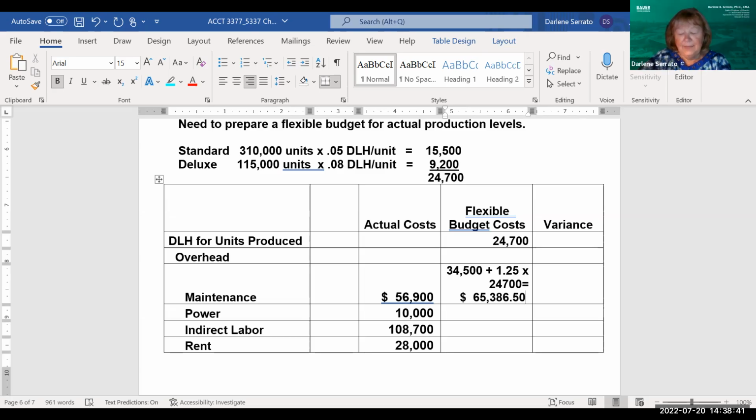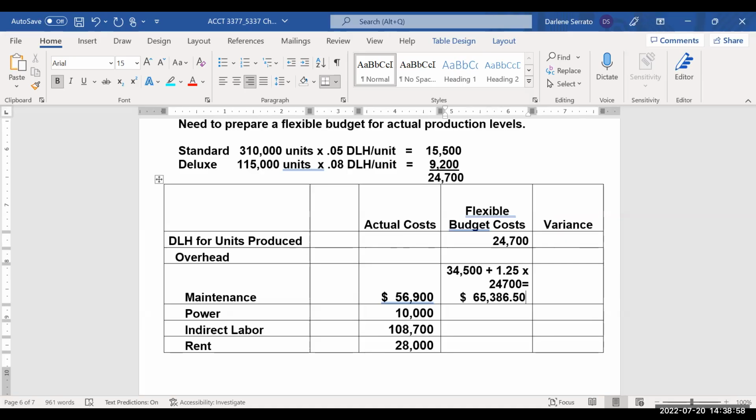And then add 34,500 to it. I got a different number now. I got 65,375.